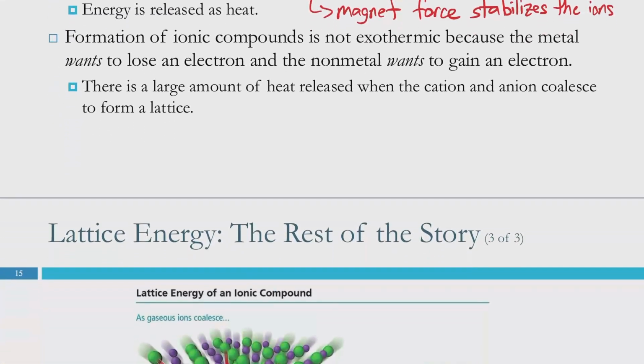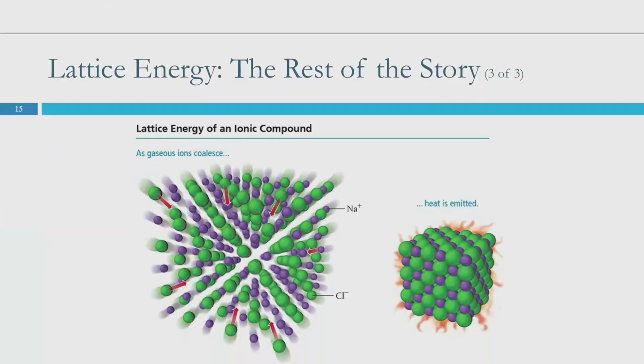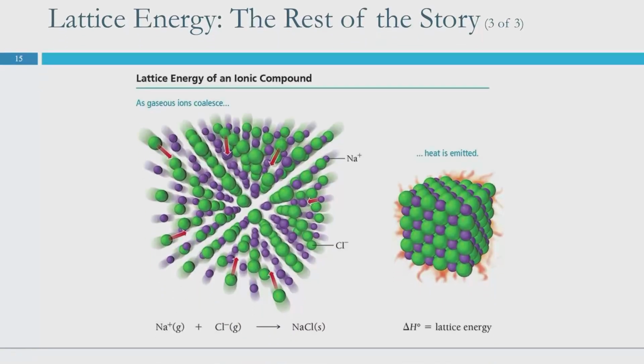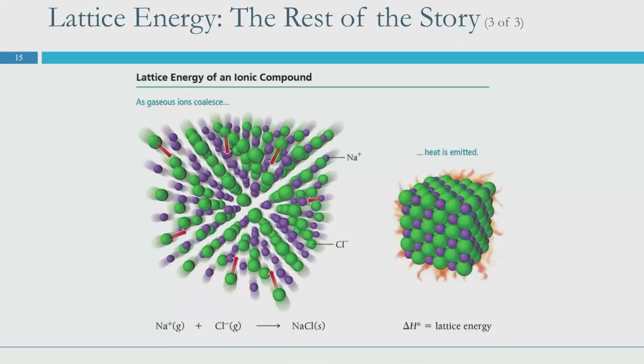There are a couple of factors with lattice energy, and we've also got this fun diagram from our book. As gaseous ions coalesce, the sodium and the chlorine, the negative and positive charges come together, heat's emitted, and we've got this hot chunk of salt.